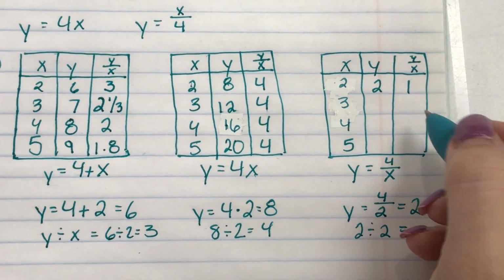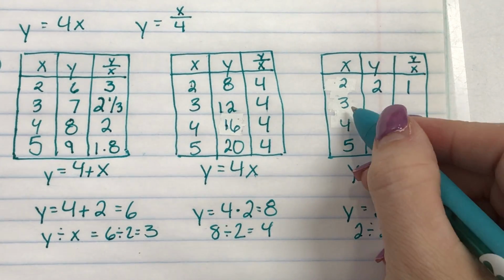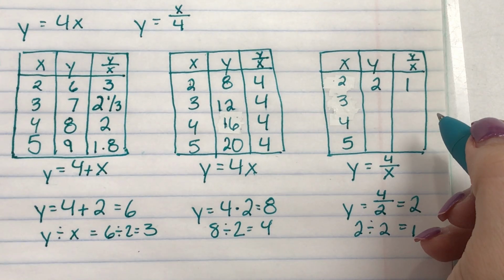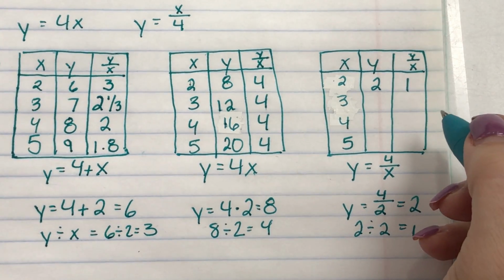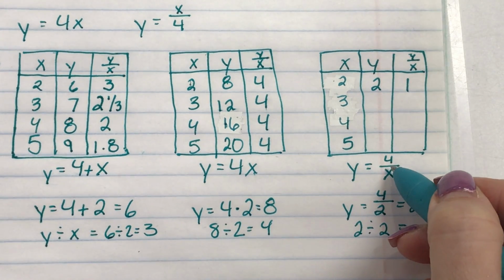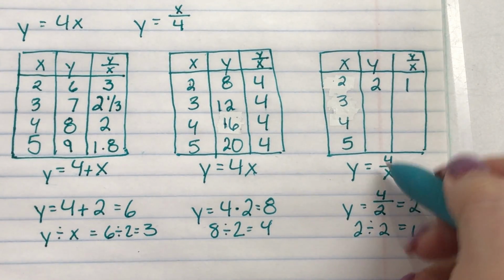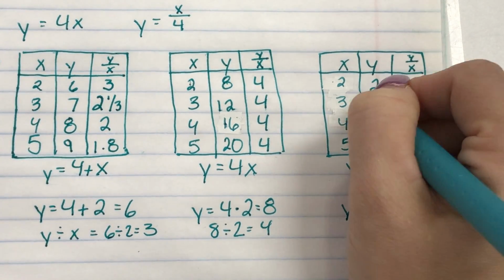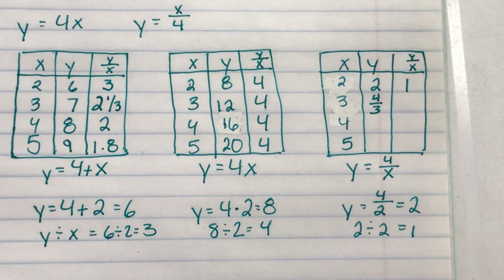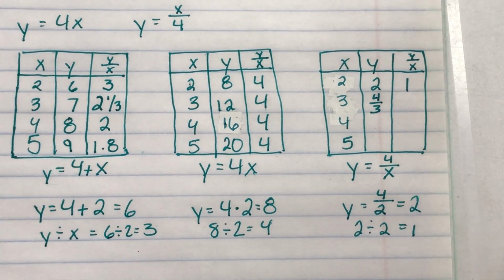So 4 divided by 3 is 1.333333. So for that one, what would we do? We would take 4 and divide by 3, right? Yeah. Okay, so we can leave it 4 over 3.